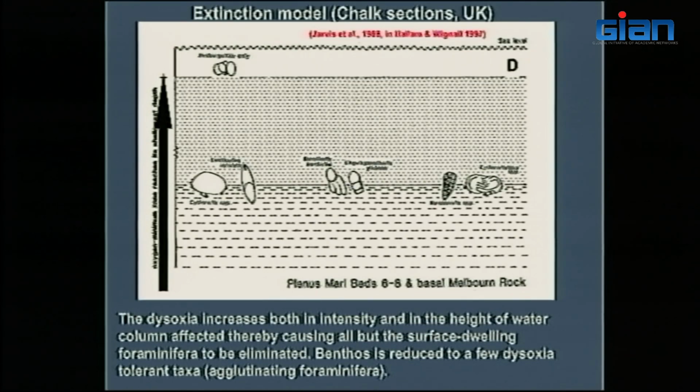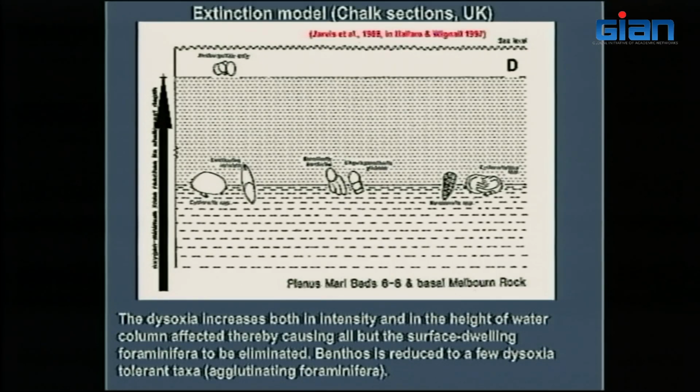And here you have only agglutinating foraminifera, meaning that in order to build their shell, they just pick up quartz grains, some grains all around, and in fact their shell is made of grains.